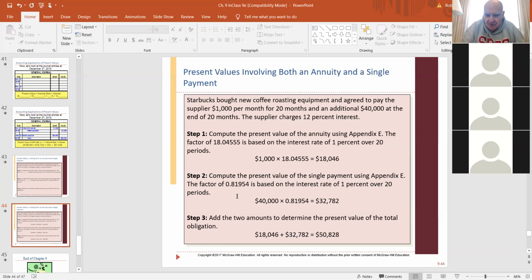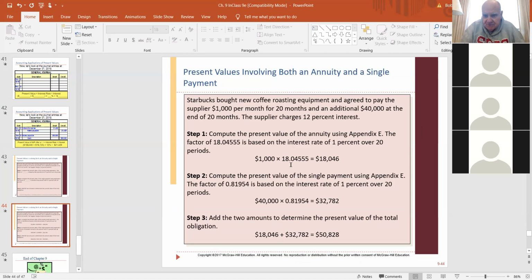Let's do the present value with a single payment. Now go to the other table, the present value of a single number. Again, 1%, 20 months. Could you tell me the conversion in your book, please? 0.81954. Okay. So $1 today under these circumstances is almost 82 cents.